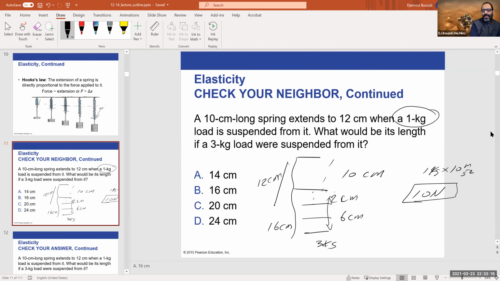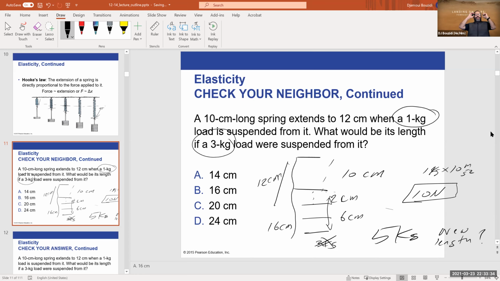Here's the second question of the day. If instead I put 5 kilograms, what is the new length? So I didn't put 3 kilograms now, I'm putting 5 kilograms instead. What do you think the new length is going to be?